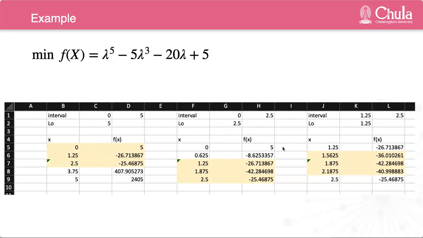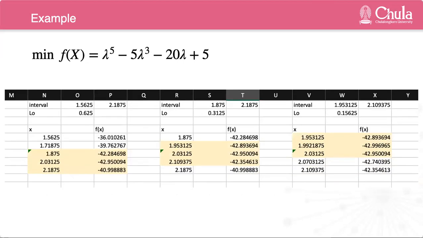And in the next iteration, the interval of interest becomes 1.25. You repeat it. In each iteration, you can get rid of 50% of the interval, so the uncertainty area becomes smaller and smaller.